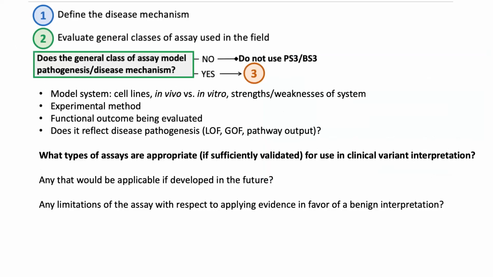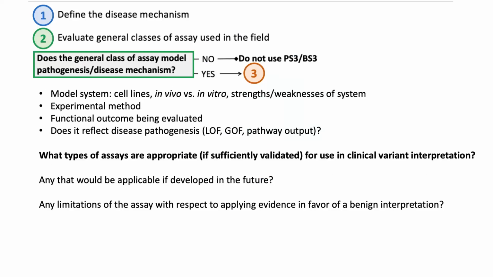Next is evaluating the general classes of assay used in the field. So does the general class of assay model the pathogenesis or disease mechanism? Things you want to consider are the model system, cell lines, in vivo or in vitro work, and the strengths and weaknesses of each of those systems.